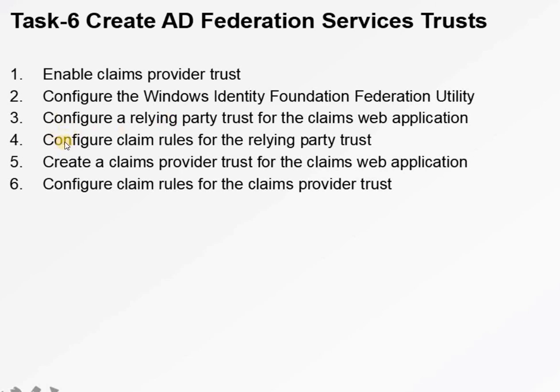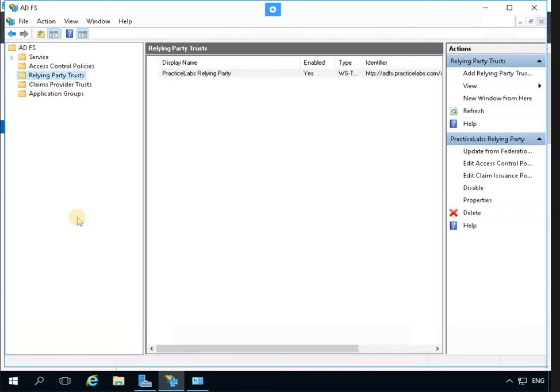So we are going to see the fourth task, configuring claims rules for the relying party trust. The Federation server uses claims rules to process claims presented by a user when accessing an application found in the resource partner organization.